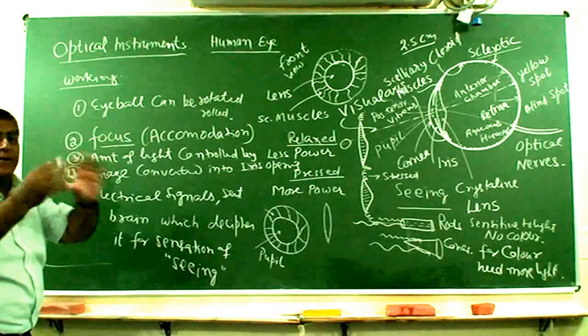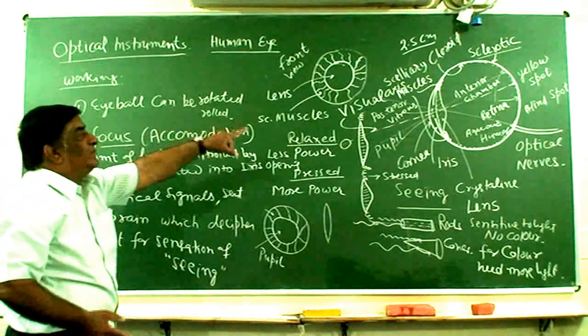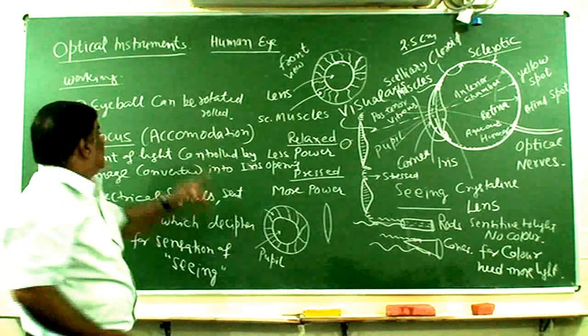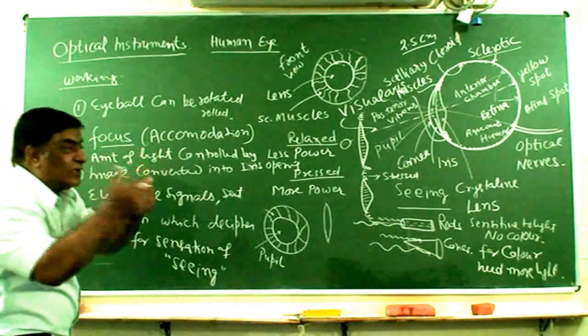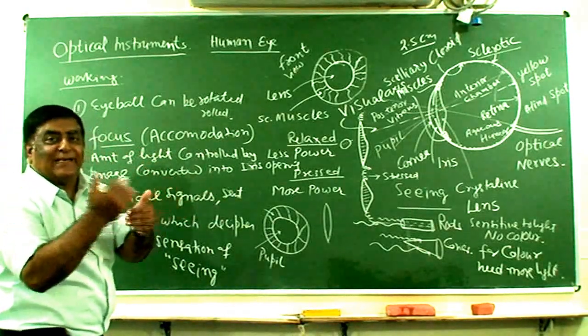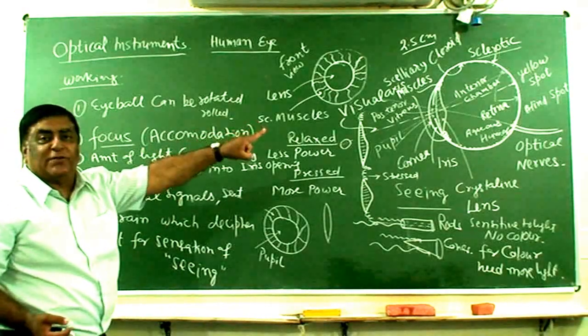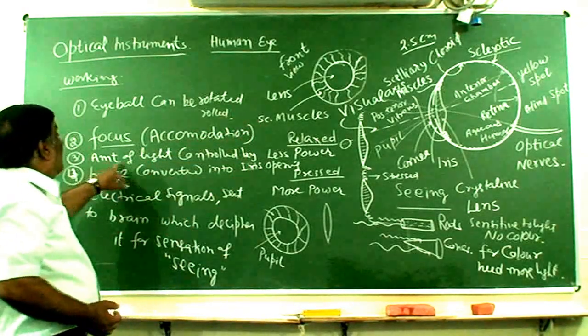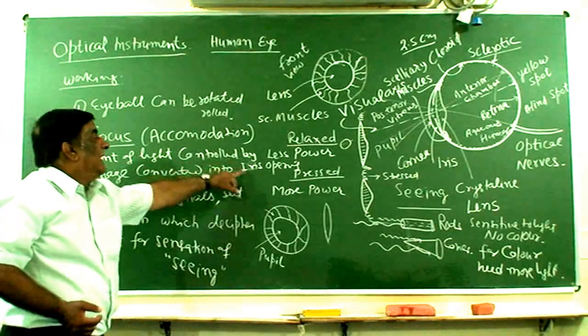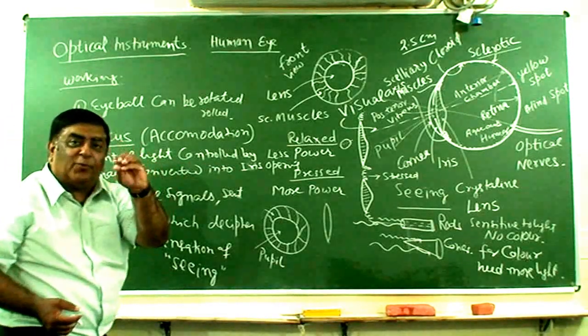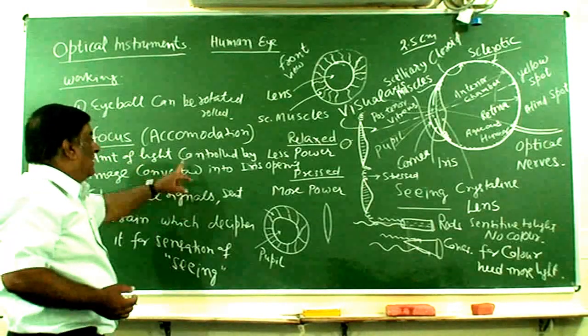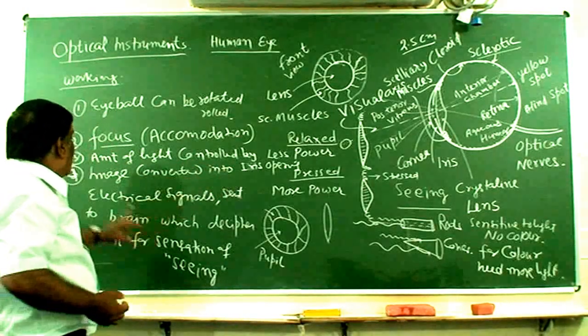It can first rotate and roll itself so that the object is on the visual axis. Then it will make accommodation or the focus, adjust its focal length in such a way that the image is sharply formed on the retina. Then the amount of light is controlled by the iris opening. The pupil will become more, the pupil will become less, and light is controlled.